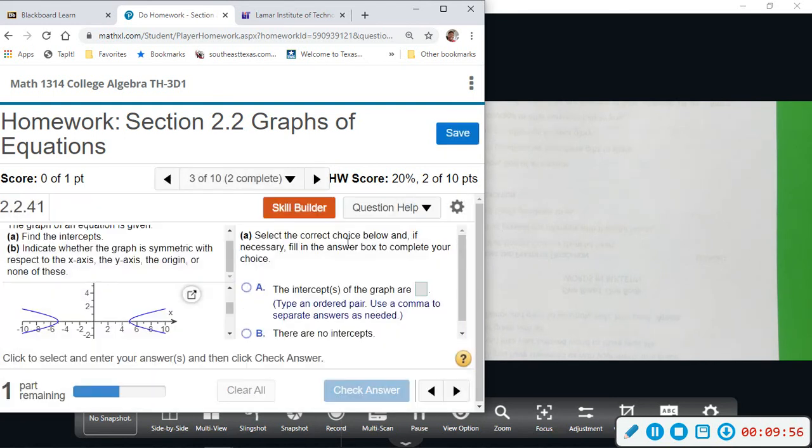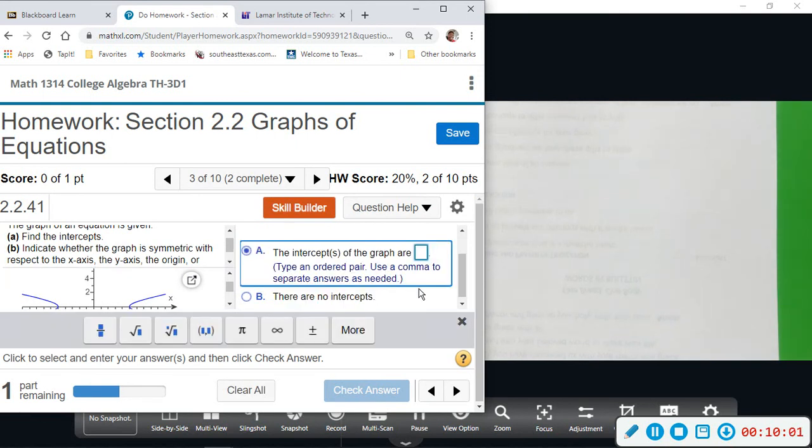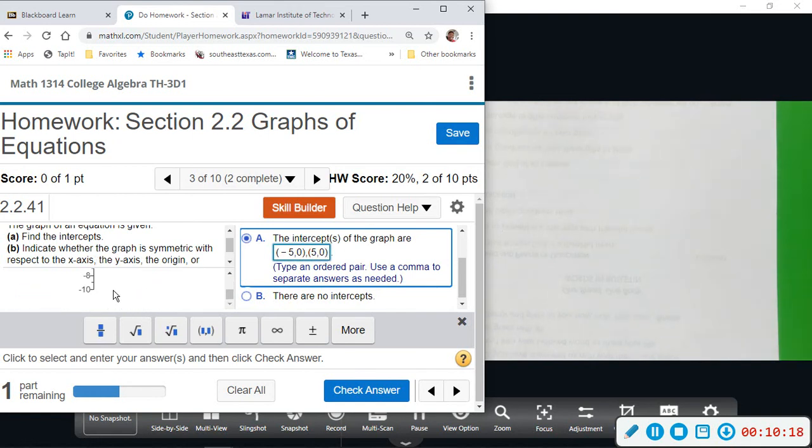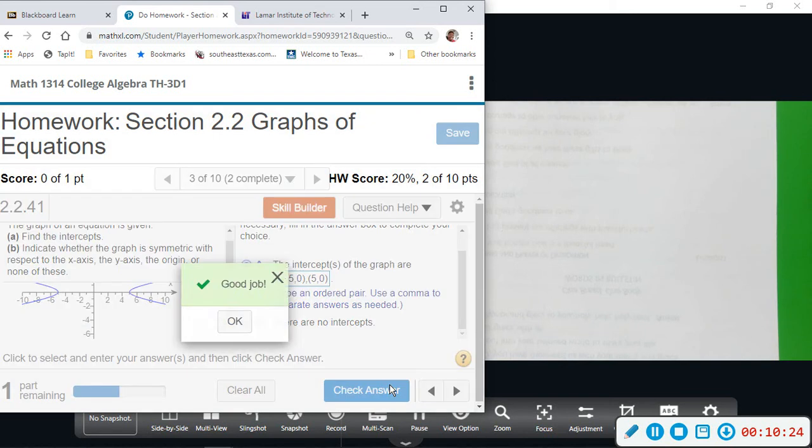So we have intercepts of -5, 0, and then +5, 0. Don't have any y-intercepts. There's no part of this graph crossing the y-axis. Intercepts are, use a comma, so they look good.